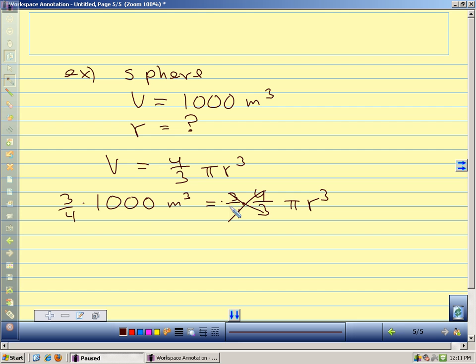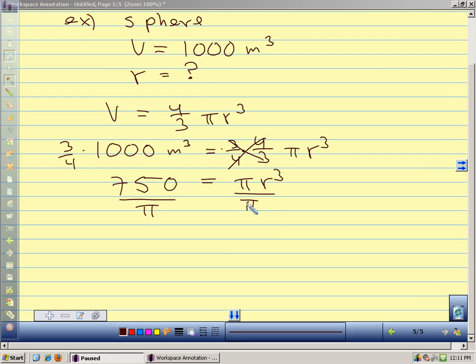These cancel. 3/4 of 1,000, I can multiply 1,000 by 3 and divide by 4. That gives me 750 equals pi r cubed. I'm going to divide by pi. 750 divided by pi is about, I'm going to turn this around, r cubed equals 238.73.